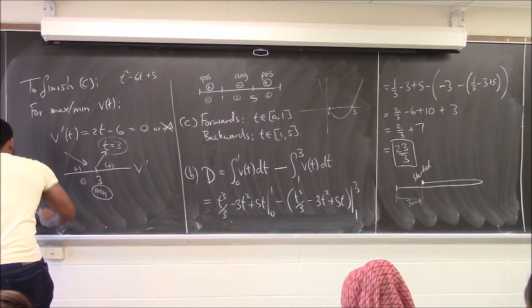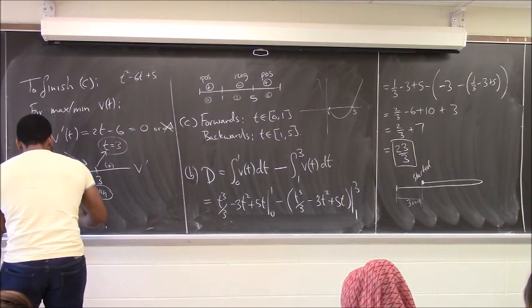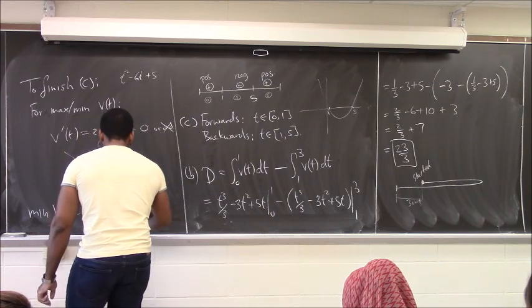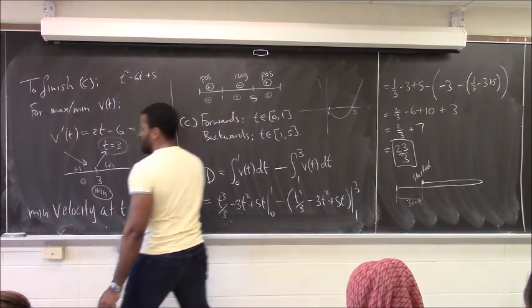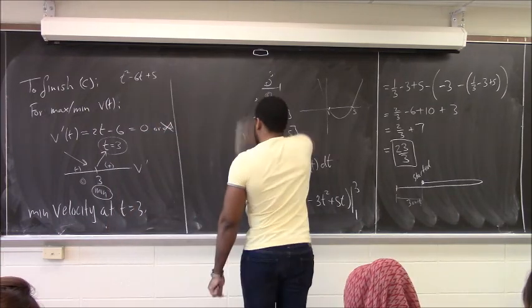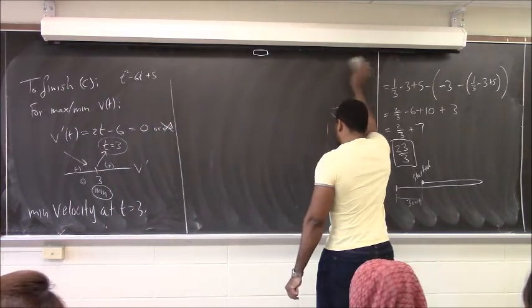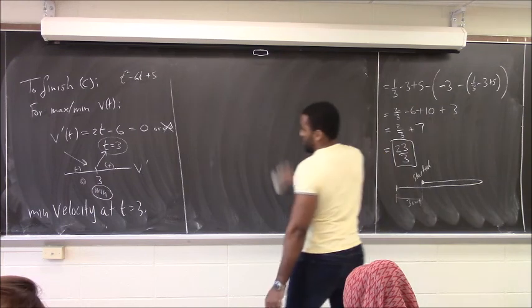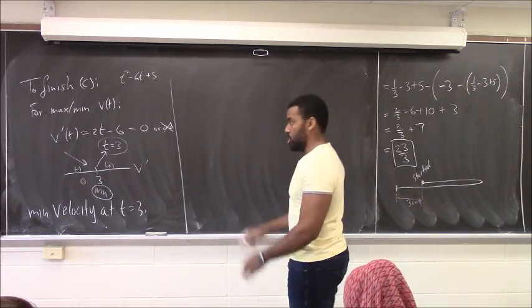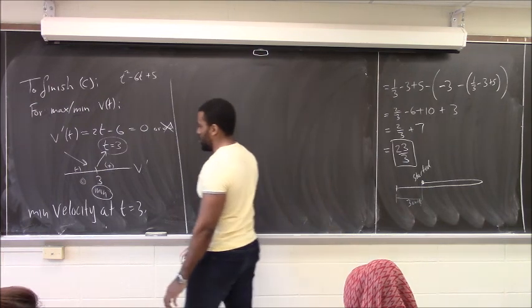So we have min velocity at t equals 3. That's when it's moving the slowest it could possibly move, in terms of even backward speeds.